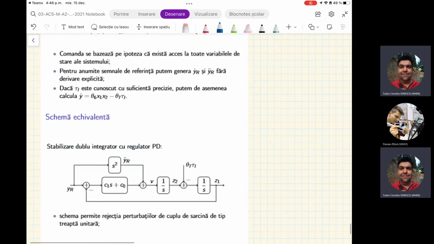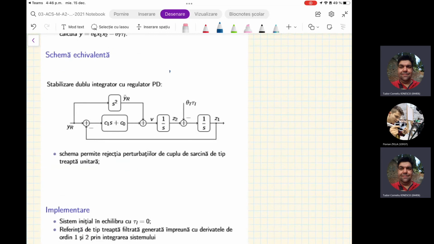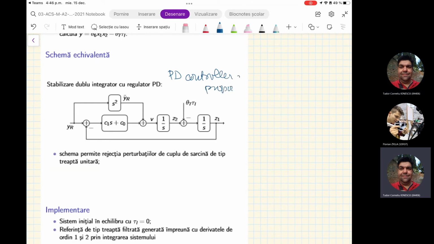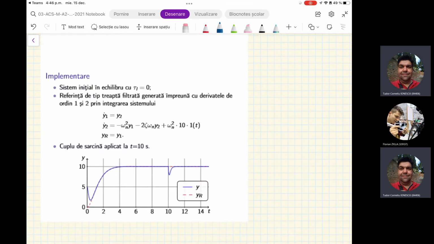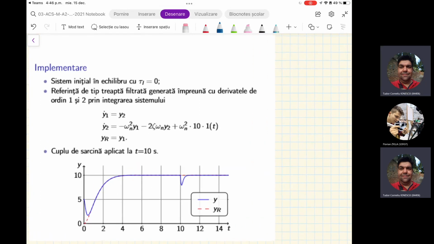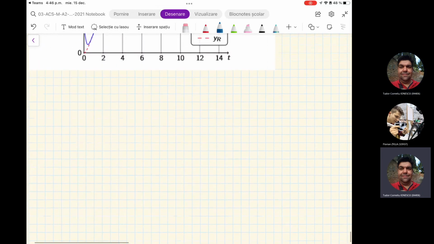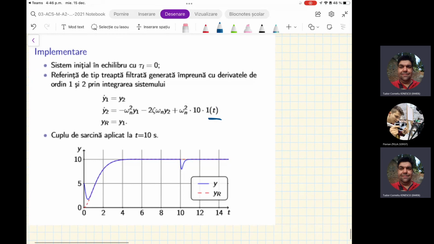And this is a PD, proportional derivative, nonlinear controller. It shows you how this is done, and how it's implemented. Okay, and if you see a step function, it follows a step function.